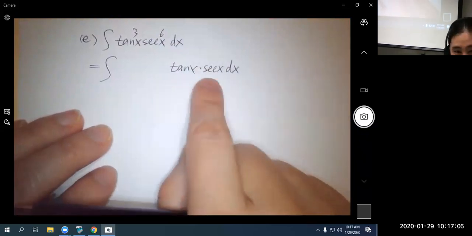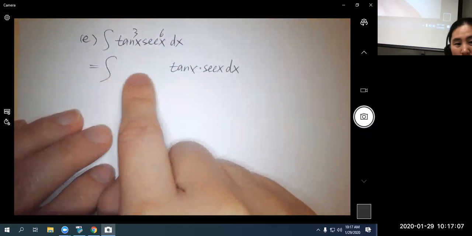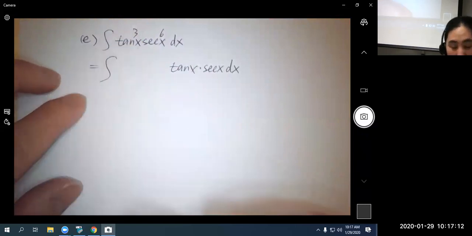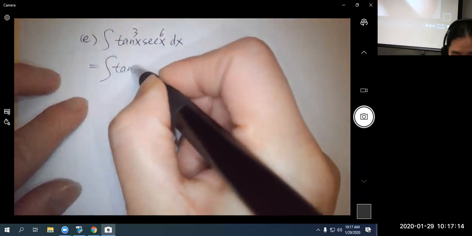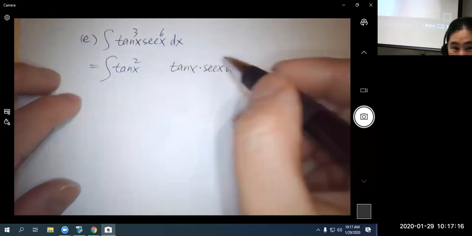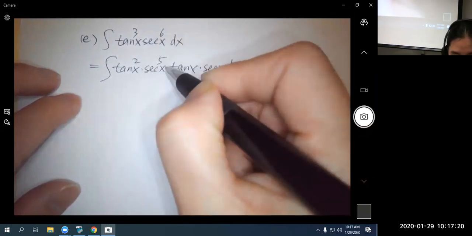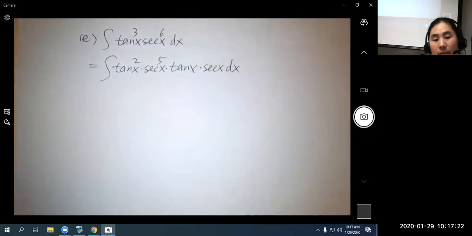Split out one tangent, one secant. So what will be the leftover? One tangent is gone, tangent squared left, and one secant is gone, so we should have secant x to the fifth.